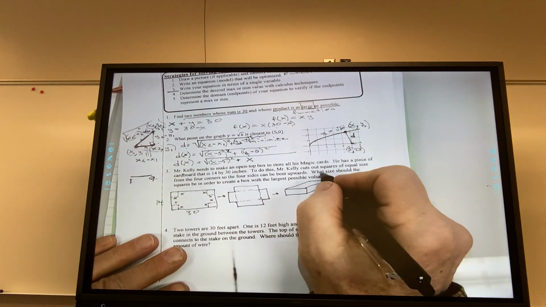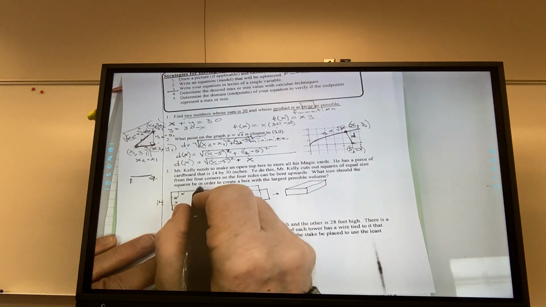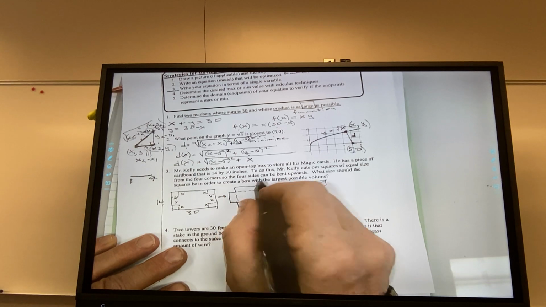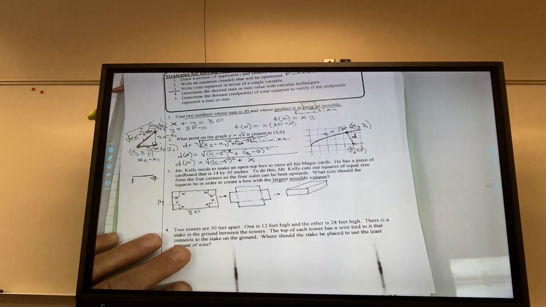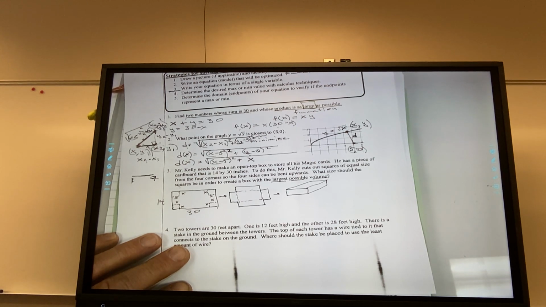notice it says this: what size should the squares be in order to create a box with the largest possible volume? Tyler, do I want to minimize or maximize? What is it I want to maximize? Volume. Volume of a rectangular prism, correct?